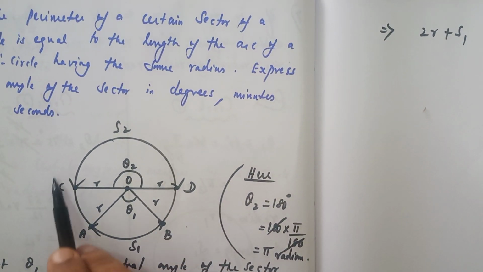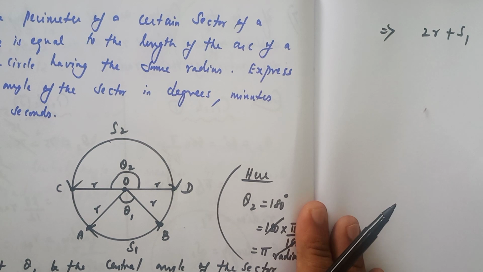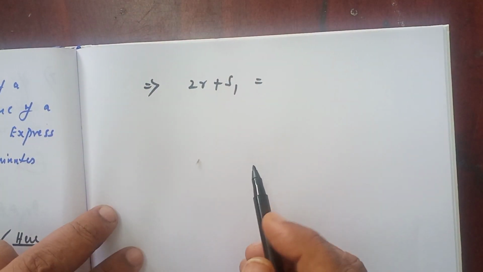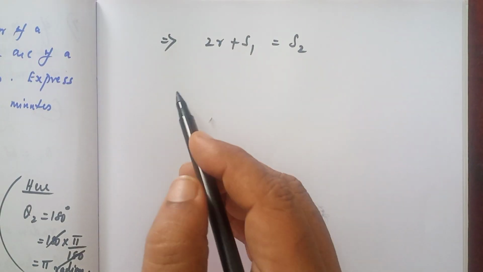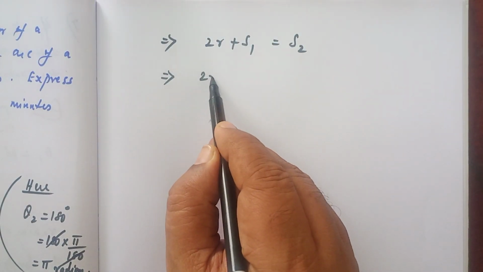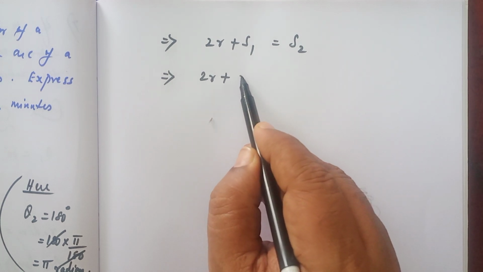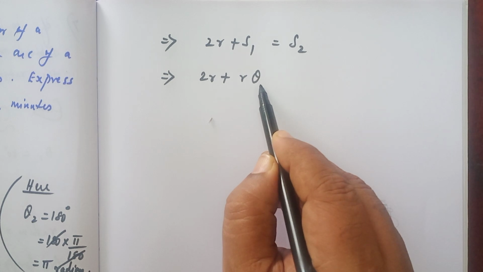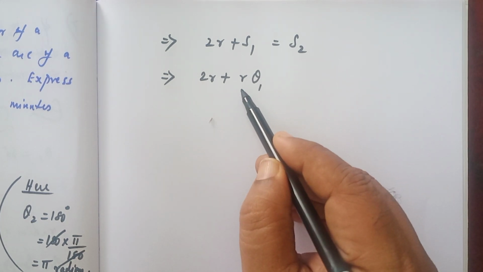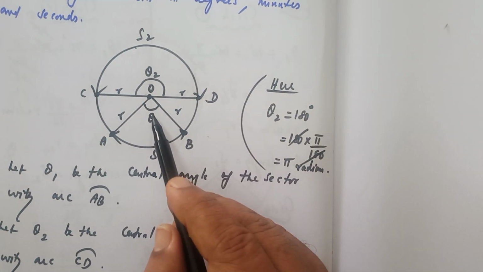Using the formula r into theta, for S1 instead of theta I write theta 1, since theta 1 is the central angle for this sector.